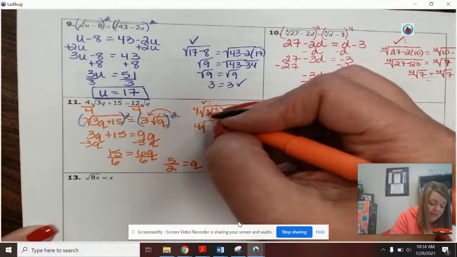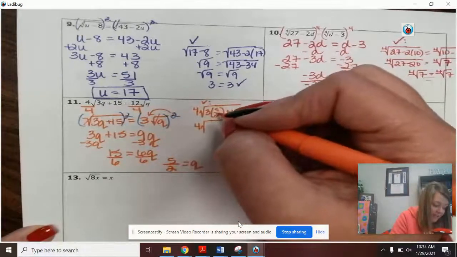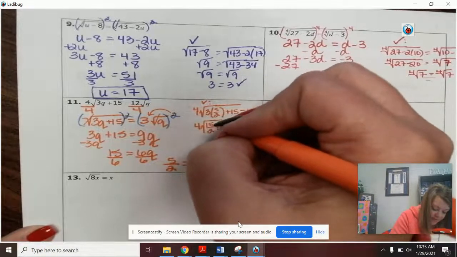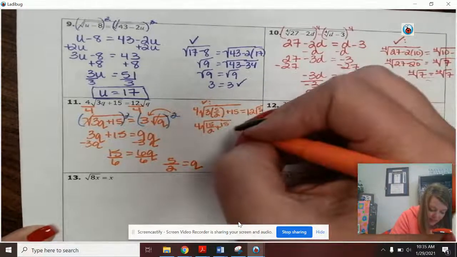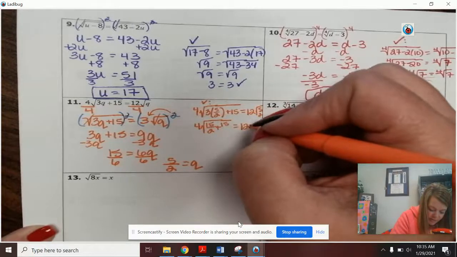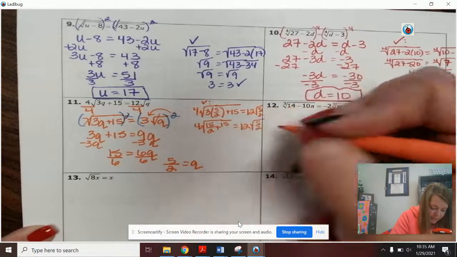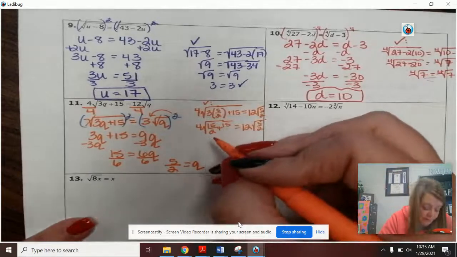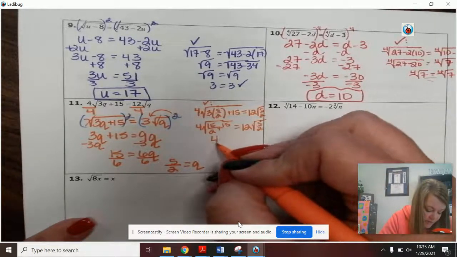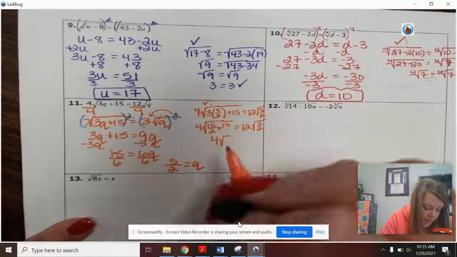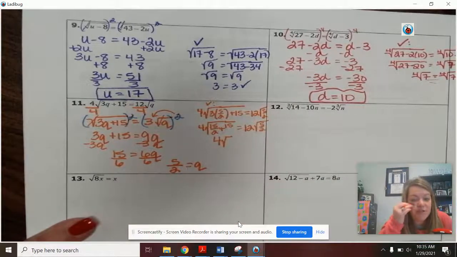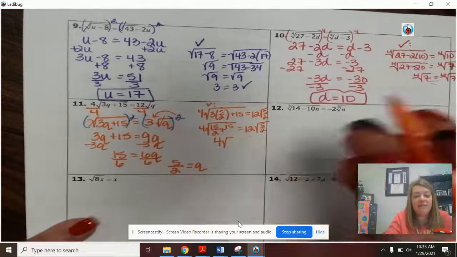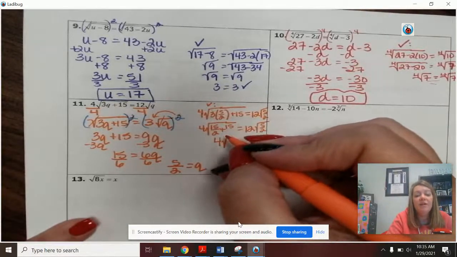This is going to be 5 times 3, which is 15 over 2 plus 15 equals 12 times the square root of 5 over 2. All right, you do some simplifying here a little bit further. This is the 4 times, and then I have 15 over 2 plus 15. Well, if I wanted to get that to be a common denominator, I could do that.